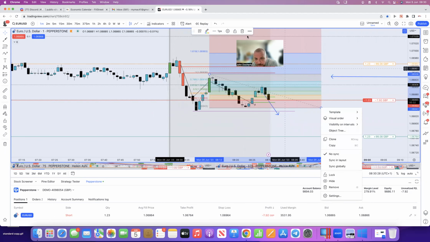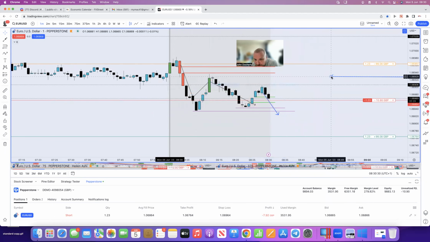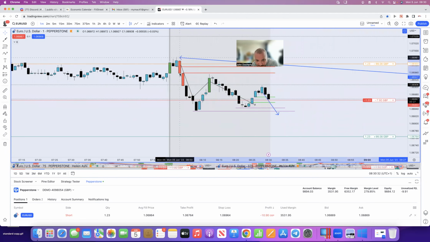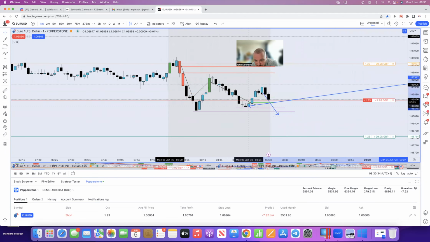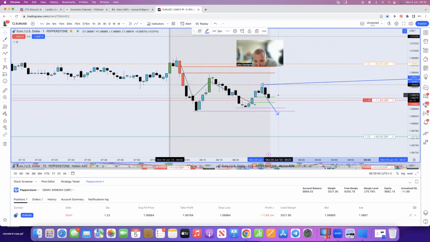So what we've seen based upon the A, B, C, structure-wise, we've come back in from the swing high, the swing low. This is a 618 liquidity area. And as it's done that, and it's swept just above here, it's left an imbalance here, as you can see. This is a bullish fair value gap.